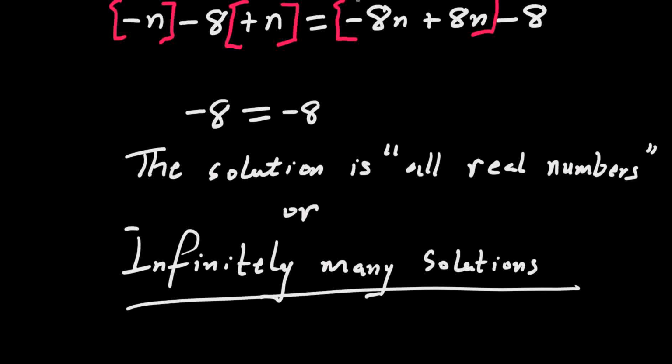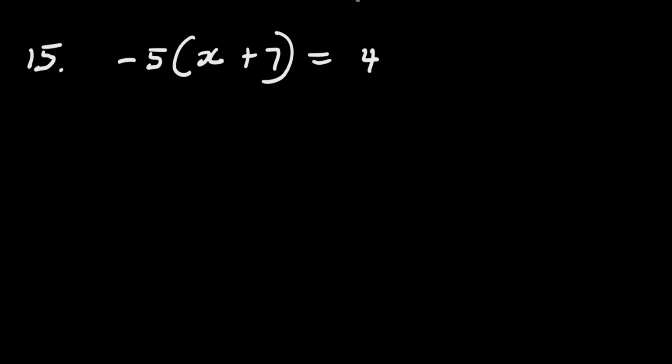All right, let's go on. Question 15, and I hope this will be the last question for today. If you have negative 5, open parenthesis, x plus 7, equals 4, open parenthesis, negative 8x negative 2.